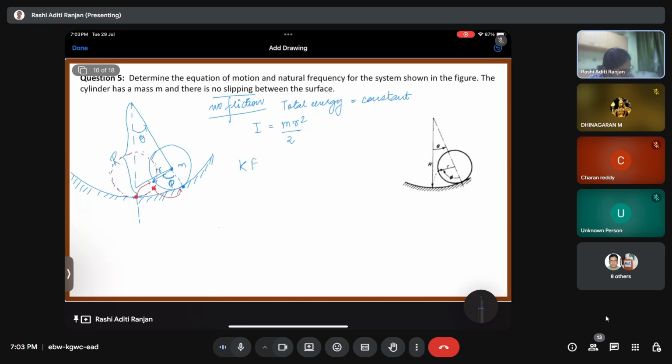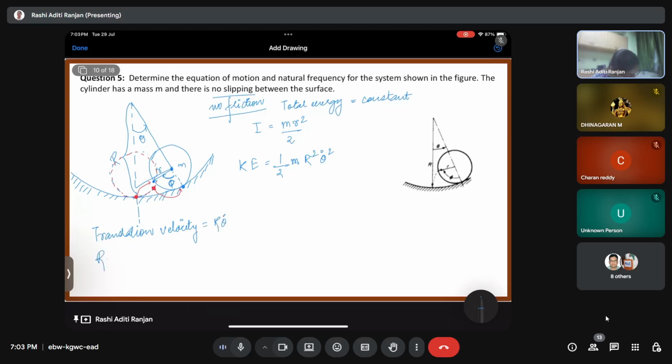So the kinetic energy due to translation is going to be half m capital R square theta dot square. Translation velocity is R theta dot.